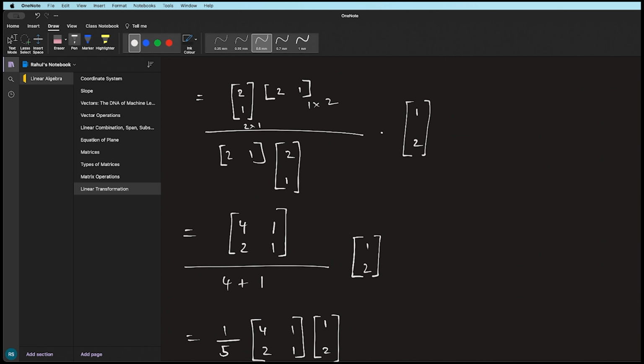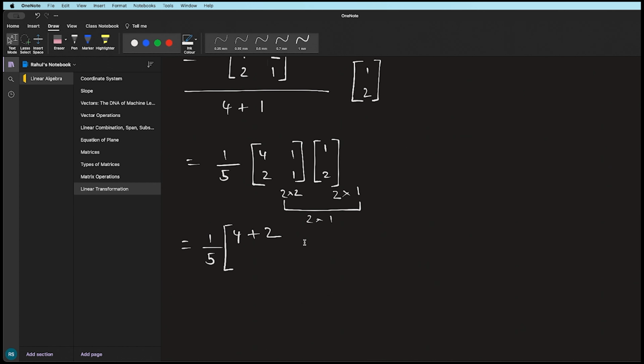So this will be 2 into 2, 4, and the second element in the first row will be 2.